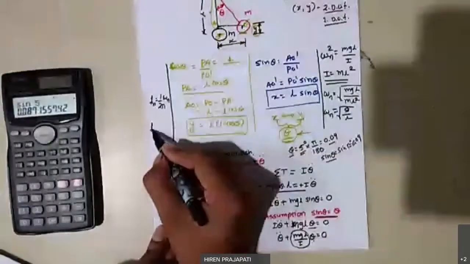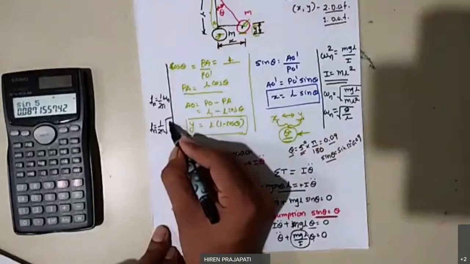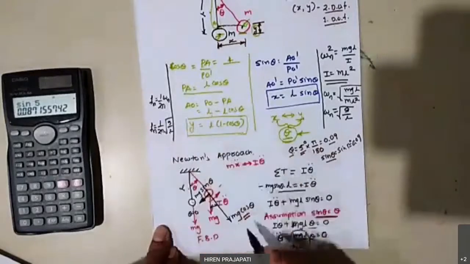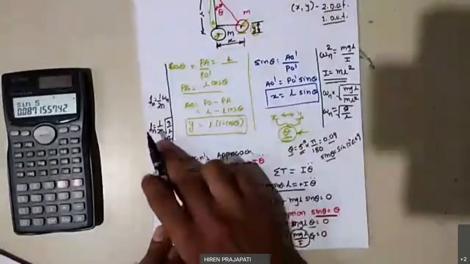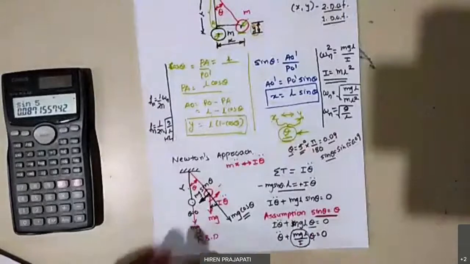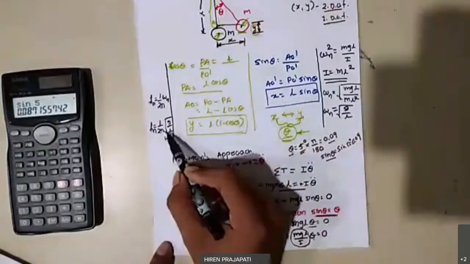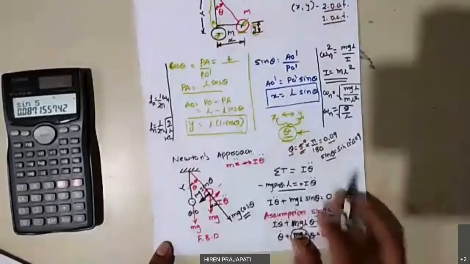Then Fn is equal to 1 by 2 pi square root g by L. So this is in hertz. You might have learned this equation in a basic physics course, right? So this is the natural frequency equation for a simple pendulum by Newton's approach.